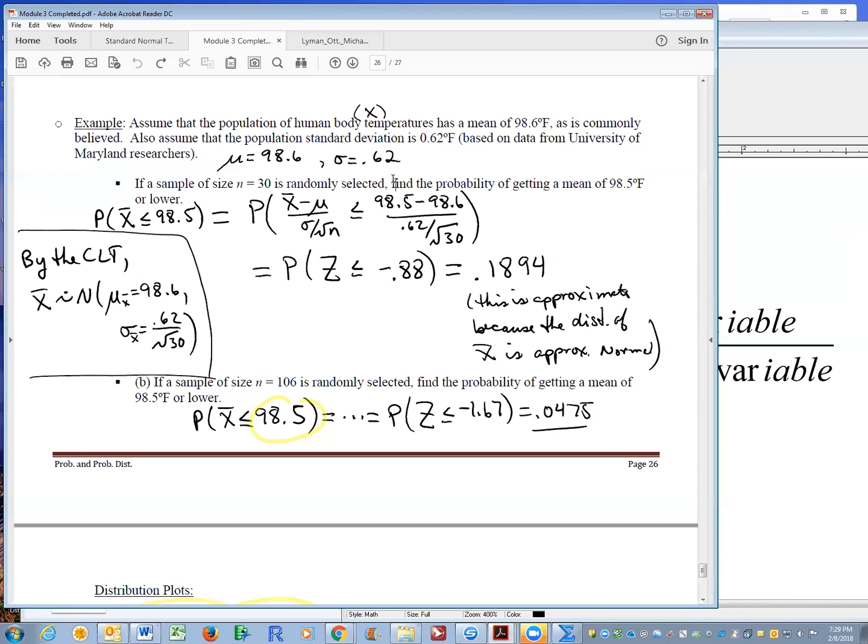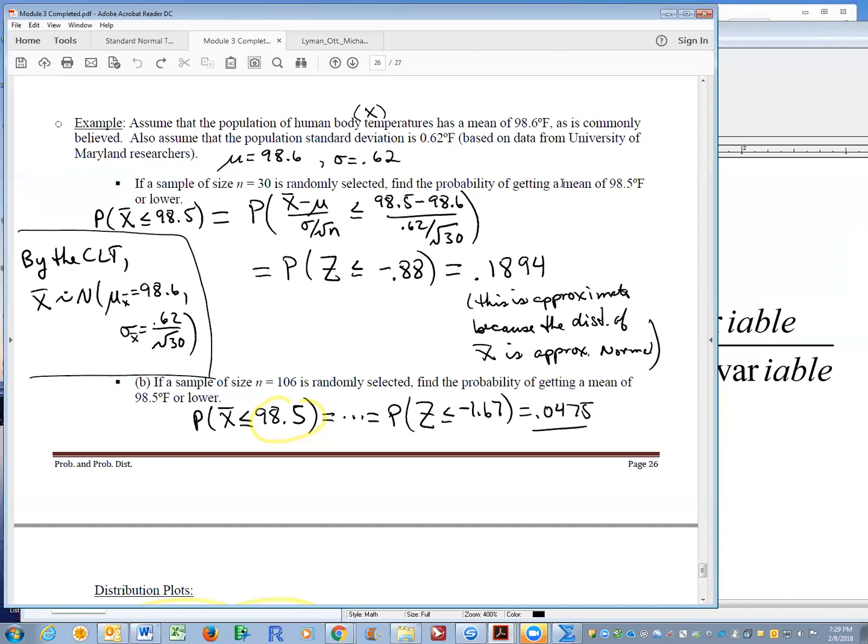Really, what's going on here is we've taken a sample from this population, and we want to find the chance that we get a mean. Now, because it's a sample of size 30, when it says mean here, it means, no pun intended, that it's a sample mean.